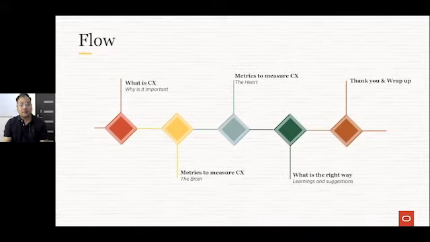Then we'll talk about the key topic, the agenda of this masterclass, the metrics to measure customer experience, both from the brain, the hard numbers, when we look at customer experience, and also the more soft aspect of CX, because customer experience is not just about numbers, it's about feeling, it's about a relationship. And then learnings and suggestions.